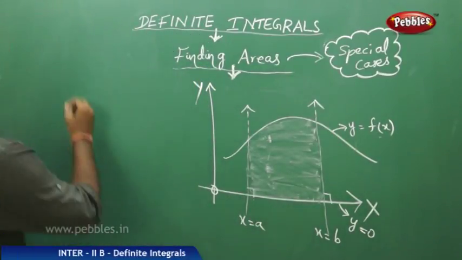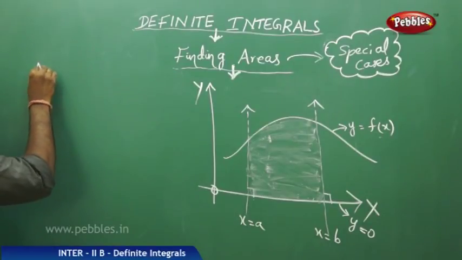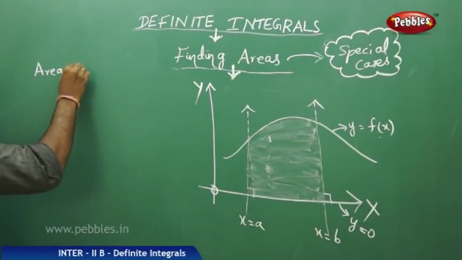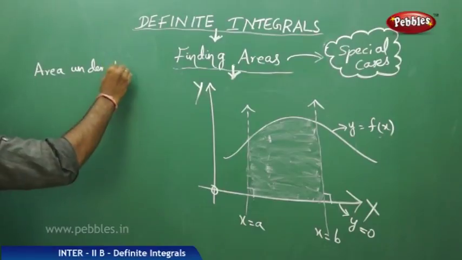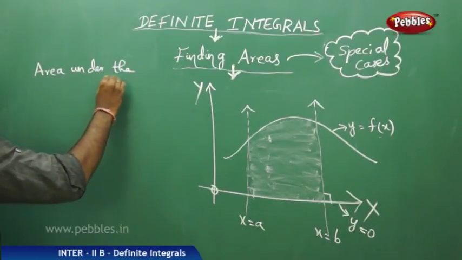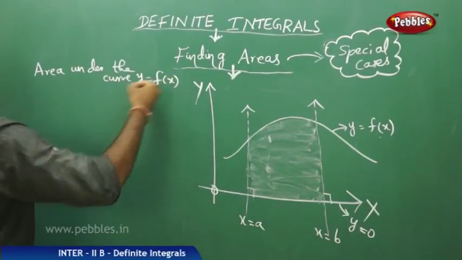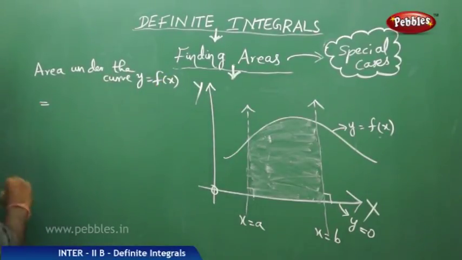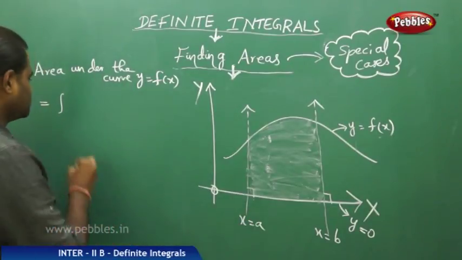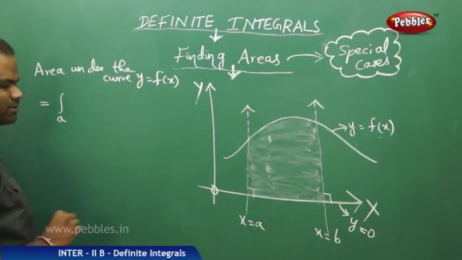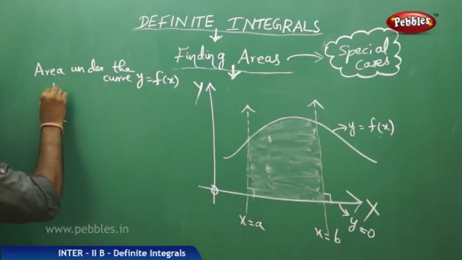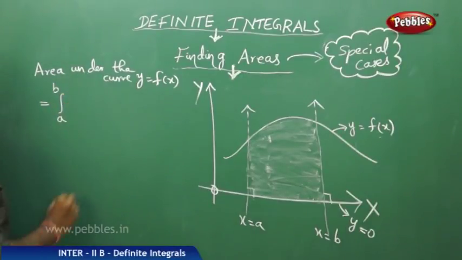So therefore, area under the curve y is equal to f of x is given by integral of lower limit, which is a, or the lower bound, which is a, and the upper bound, which is b, and upper curve.